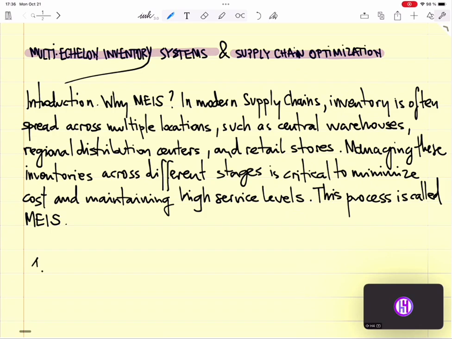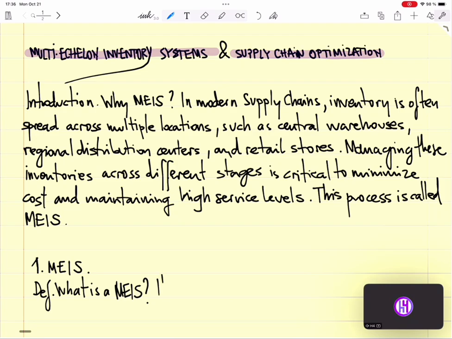First step is multi-echelon inventory systems. What is the definition? What is a multi-echelon inventory system?